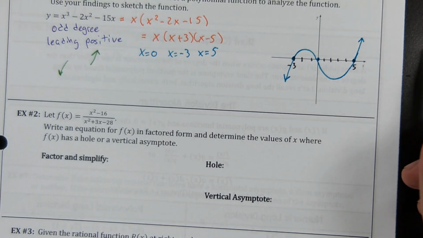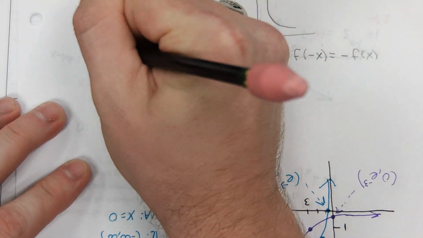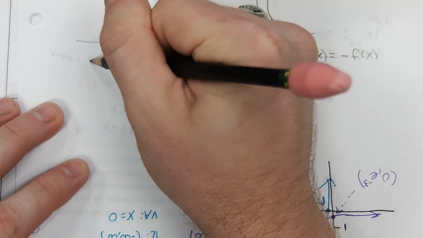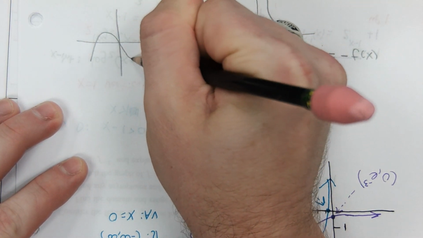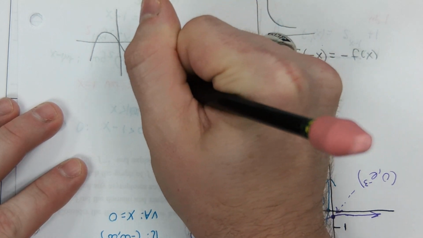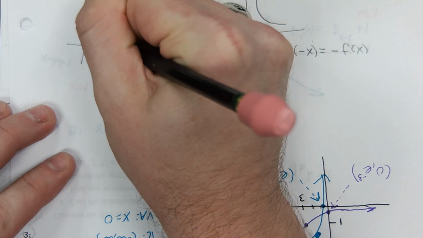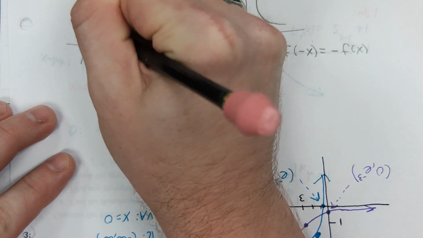So for example, let's say here is, I don't know, 2 comma negative 3. In order to be odd, this point would have to be negative 2 comma positive 3.